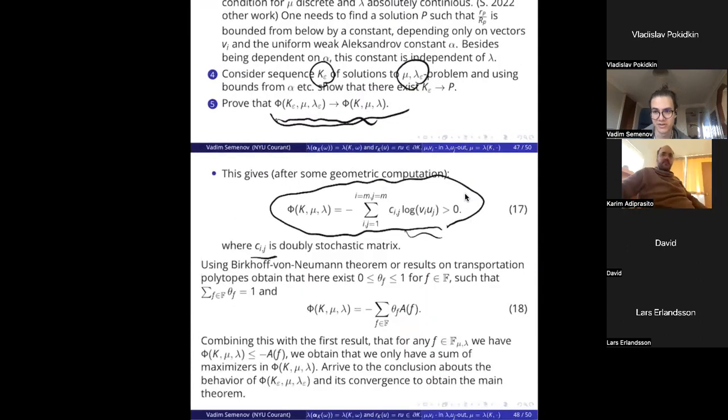And a very nice trick comes into play, because as soon as you arrive at the functional being of this form, you can use the Birkhoff-von Neumann theorem, which just states that all doubly stochastic matrices form a convex polytope in the space of matrices, and the vertices are permutations, to obtain that now we have a complete understanding of the relation between the functional for permutations and the functional for the bodies. It's just a convex combination of those.